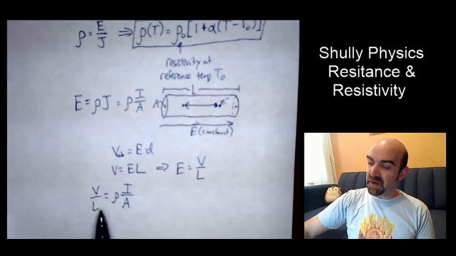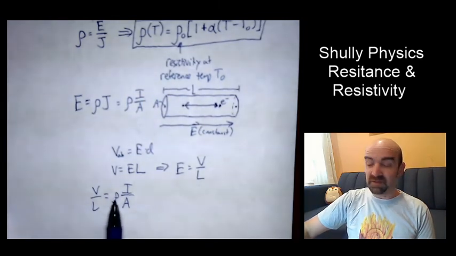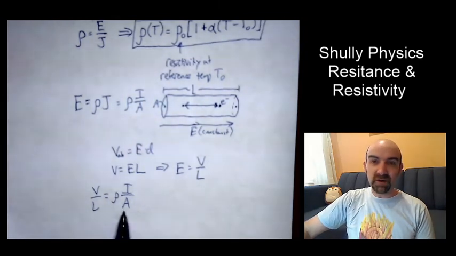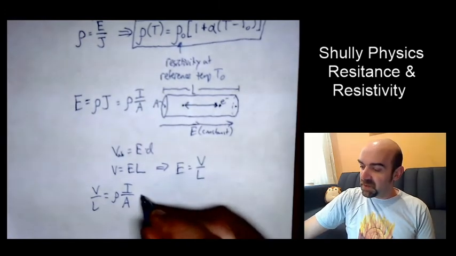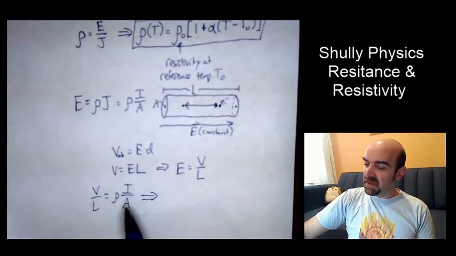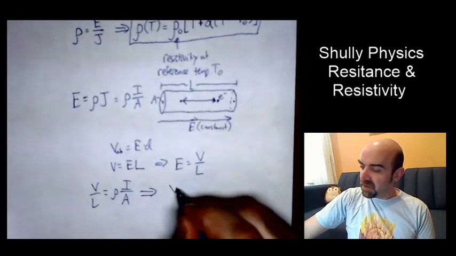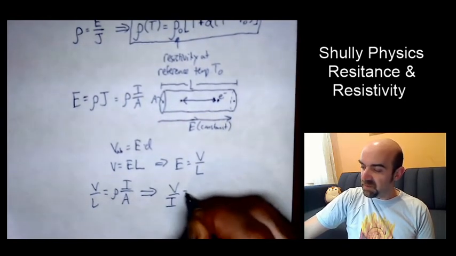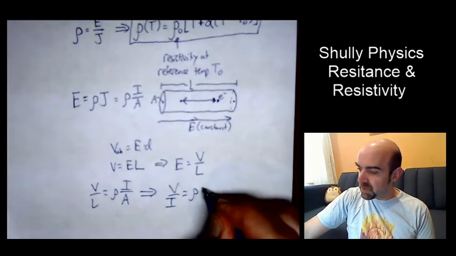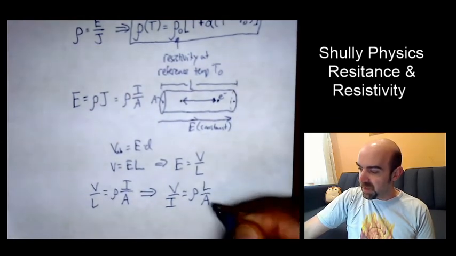Length is a property of the wire, rho, the resistivity, is a property of the wire, and A, the cross-sectional area, is a property of the wire. So I'm going to transform this algebraically, bring the L up to the top, and I down to the bottom, and we get V over I equals rho L over A.